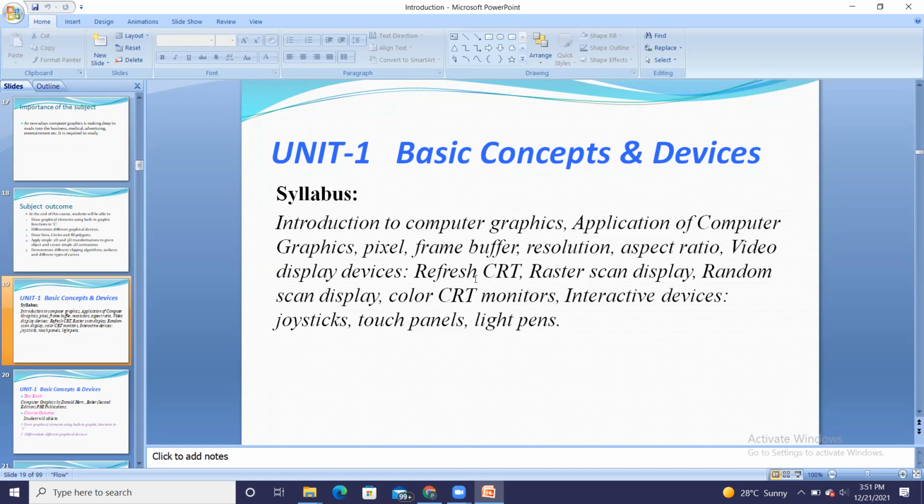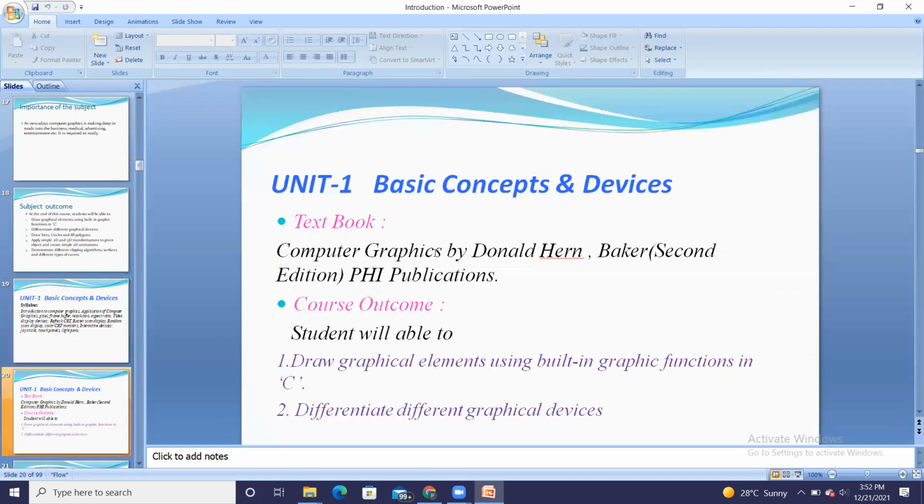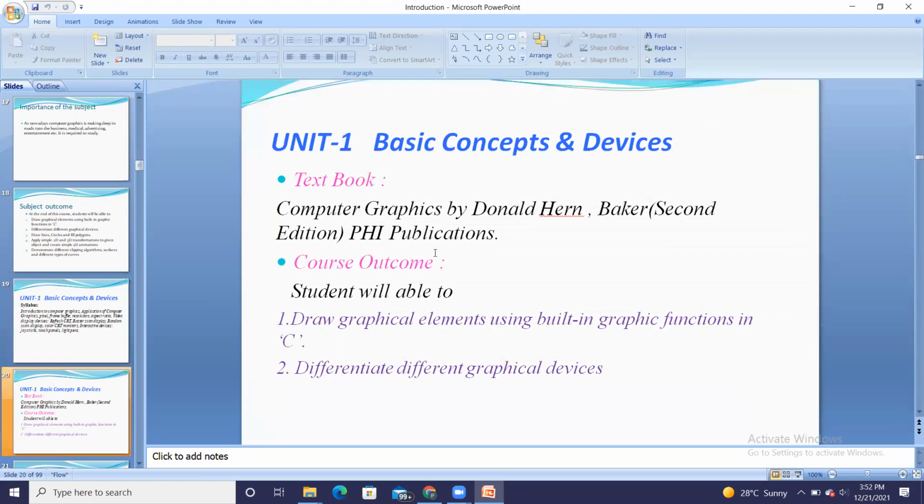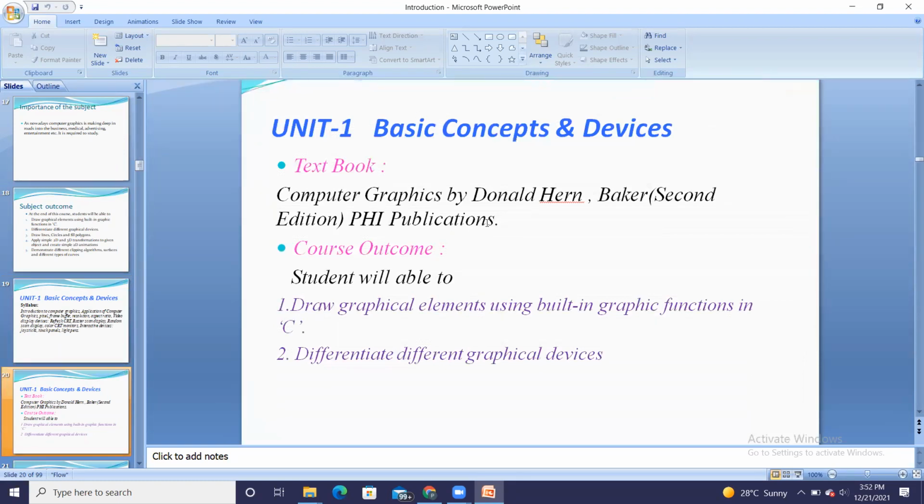That we are going to learn in chapter number 1. For that, we have already discussed the Hearn and Baker book. The authors are Donald Hearn and Baker, and chapter number 1 is totally introduced in this book.